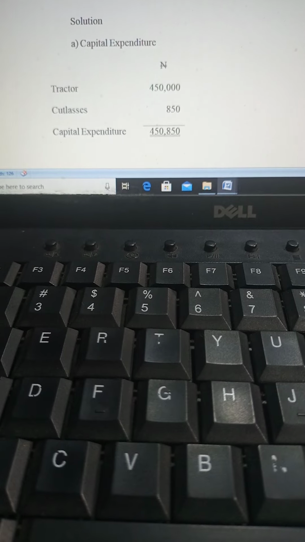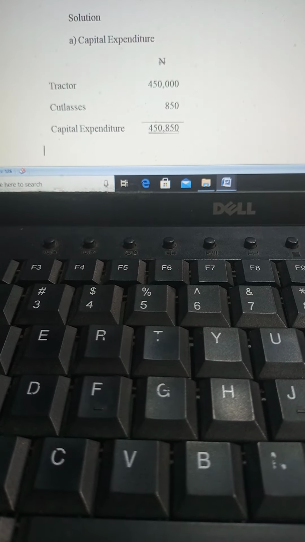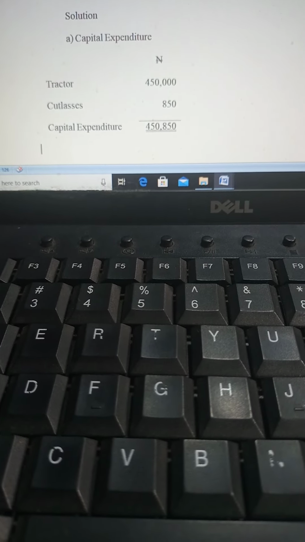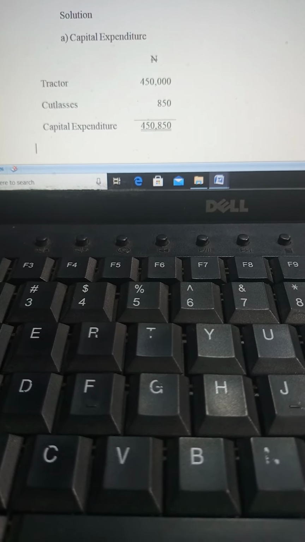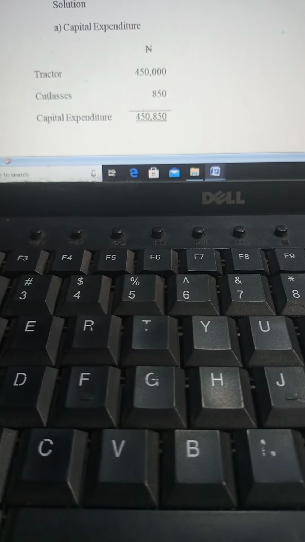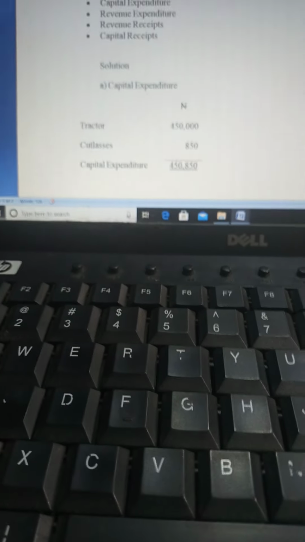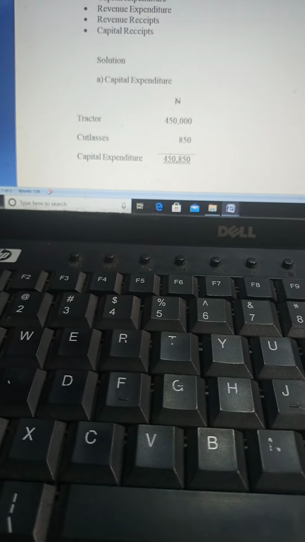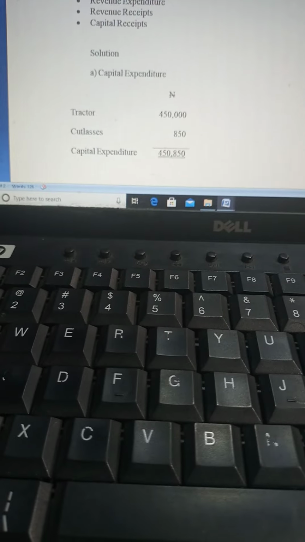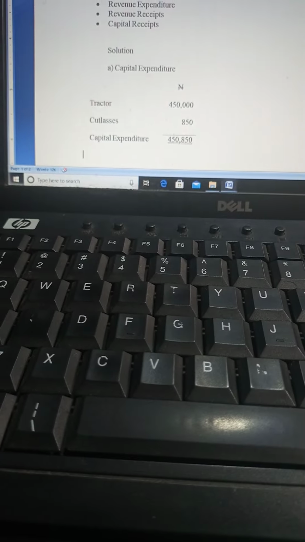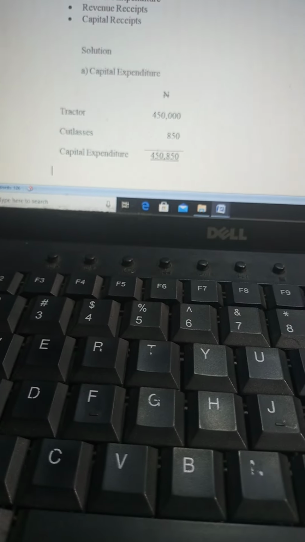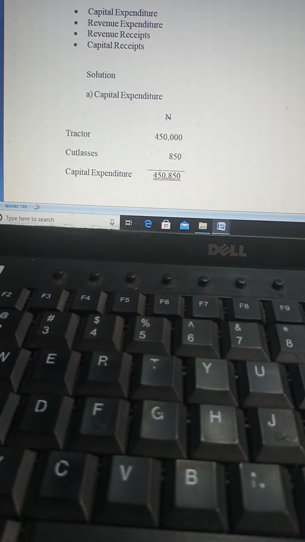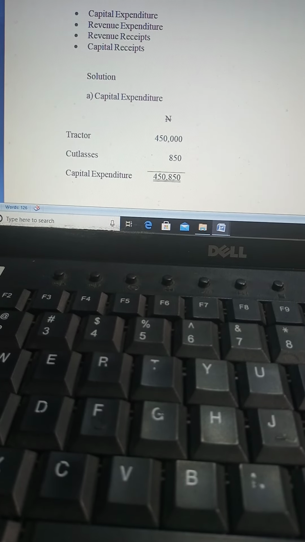So our capital expenditure is 450,850 naira. That's how to calculate the capital expenditure here. So we can then move to the next question. Let's move to the next question.